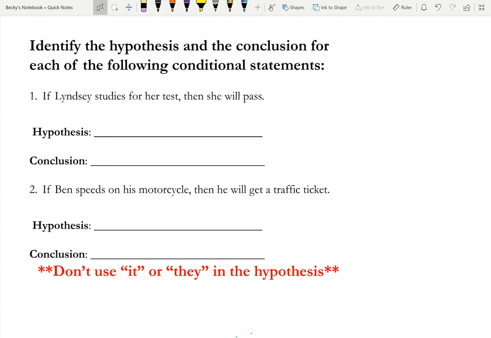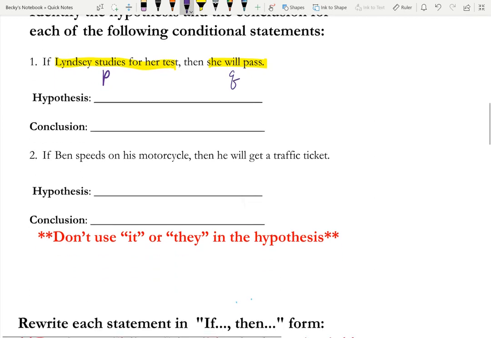What is the hypothesis and what is the conclusion? The hypothesis is Lindsay studies for her test, and I'm going to label that hypothesis with the letter P. It doesn't really matter. And for your conclusion, she will pass, and that is your Q, or conclusion.